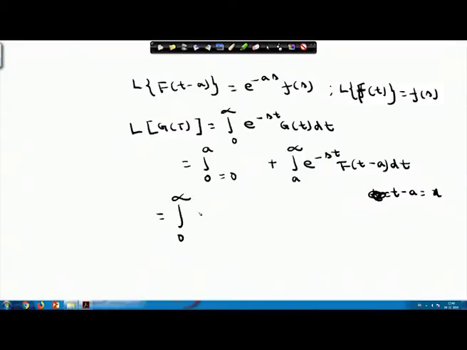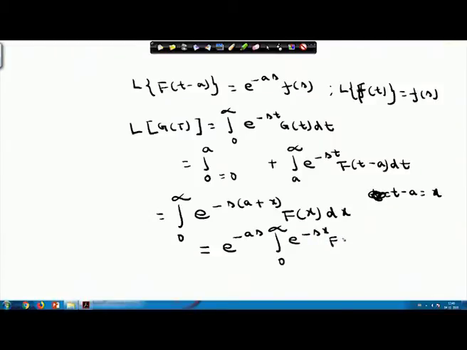So 0 to infinity e^(-s(a + x)) f(x) dx. This e^(-as), I can bring outside. So, this equals e^(-as) times the integral from 0 to infinity of e^(-sx) f(x) dx.